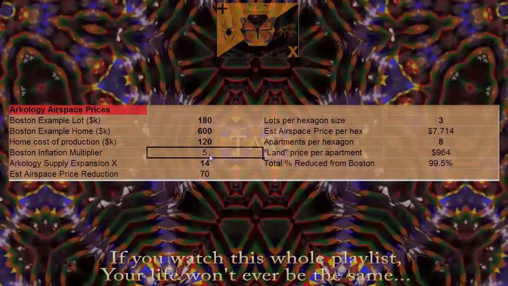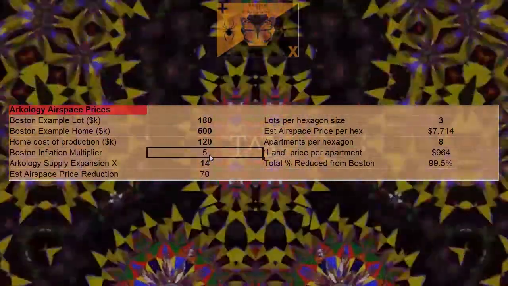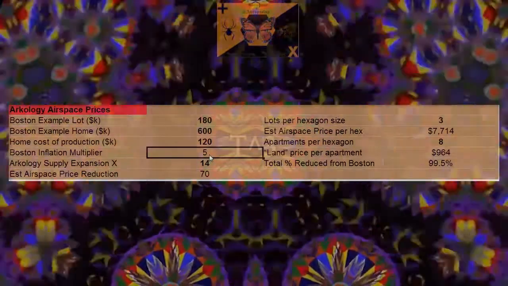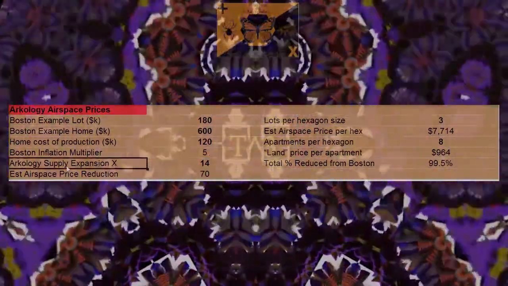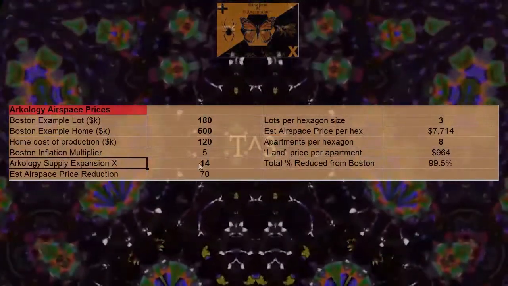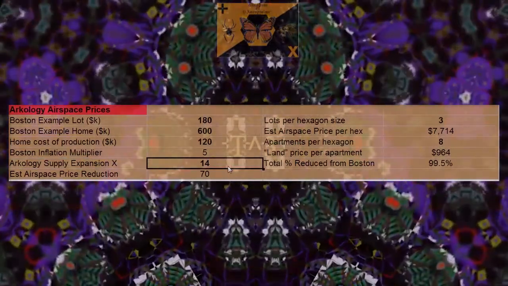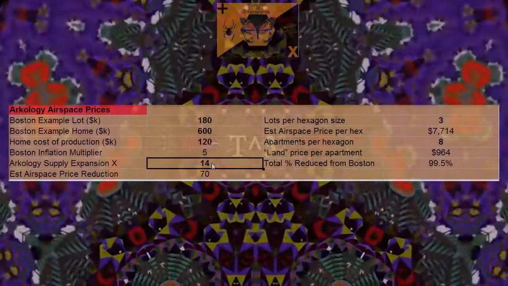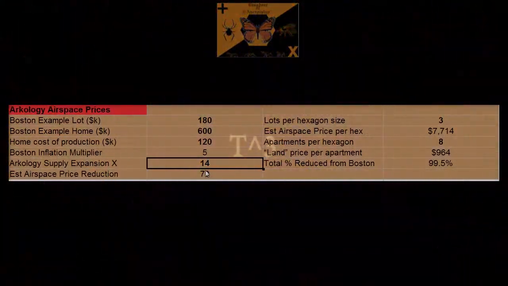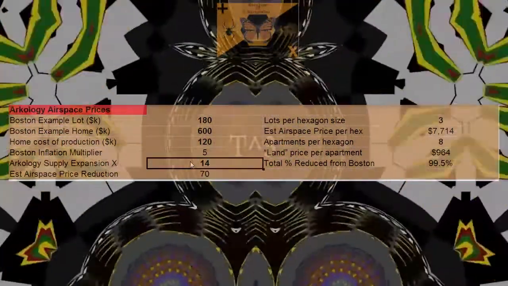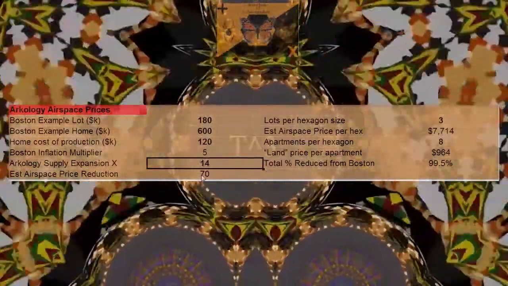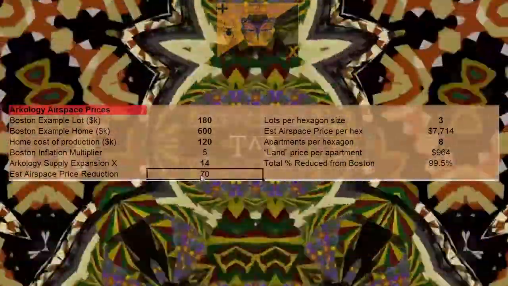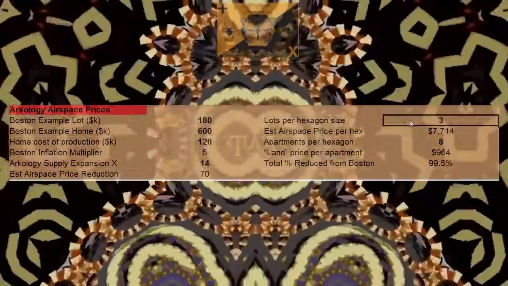This is based on money printing, fake jobs, artificial demand, things of this nature. Then you have your supply expansion by building vertically. We already discussed this. This number might actually be higher because you have better land management even in the vertical Arkology. So anyway, you take 5 times 14, you get a price reduction of 70x.